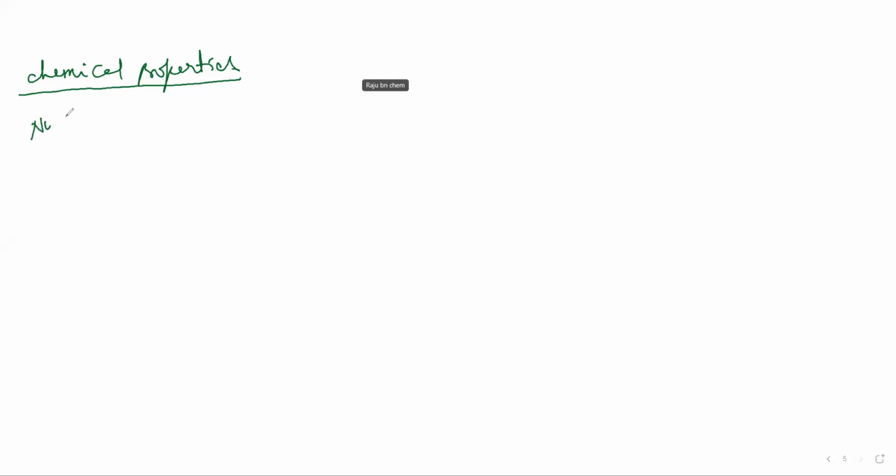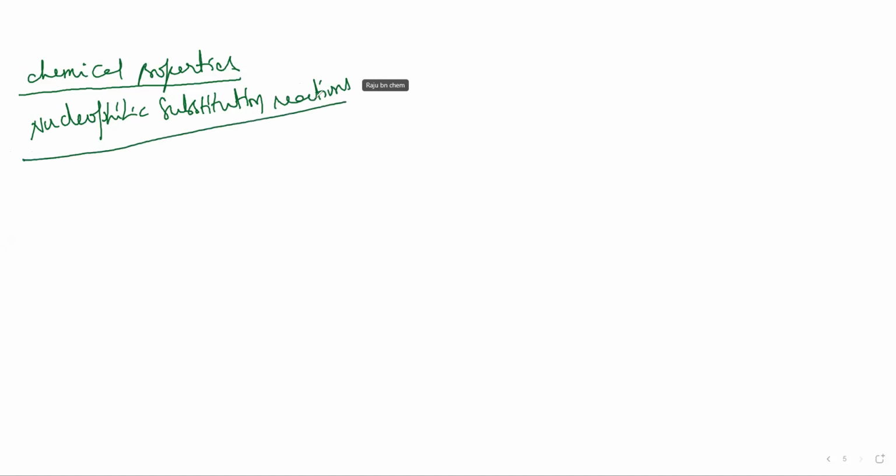So here, nucleophilic substitution reactions. The first one, let us see, SN2. Methyl bromide is treated with a base like OH minus. And what you will get: CH3OH plus Br minus.